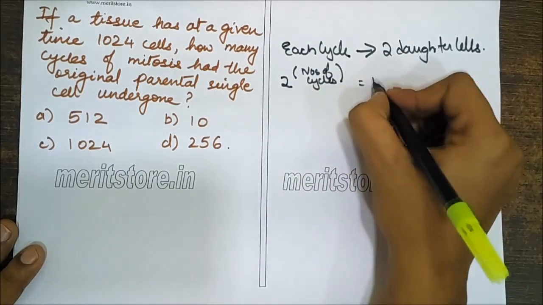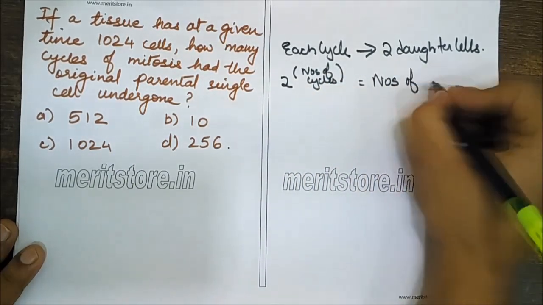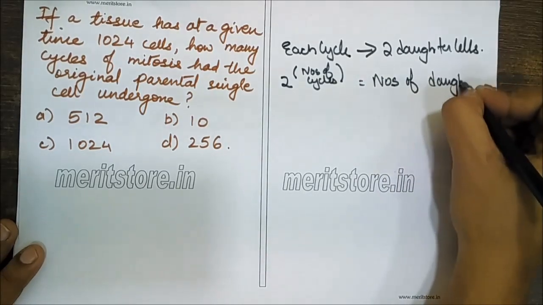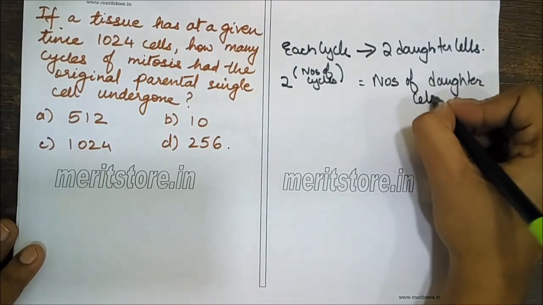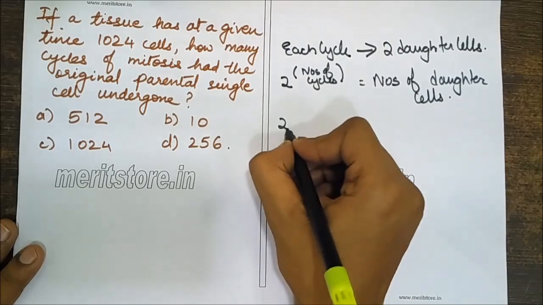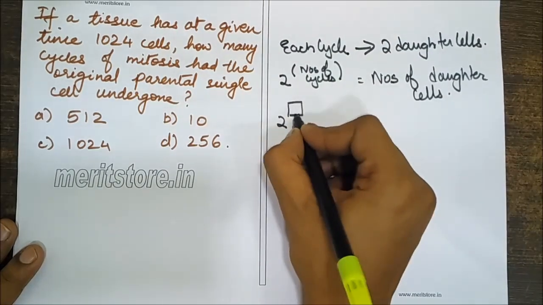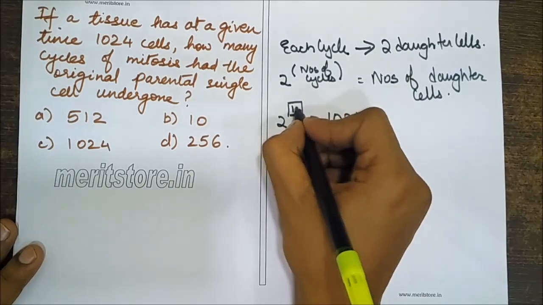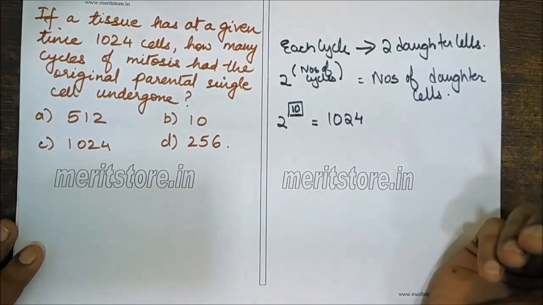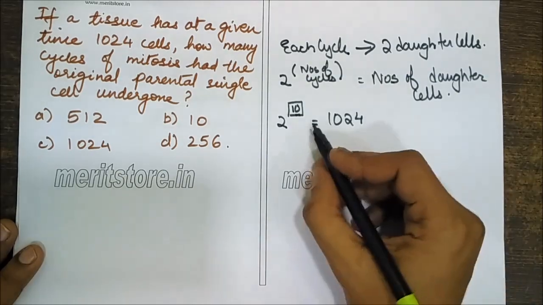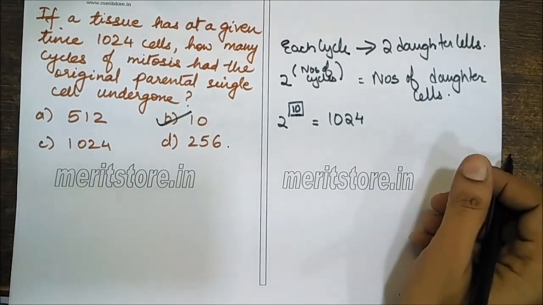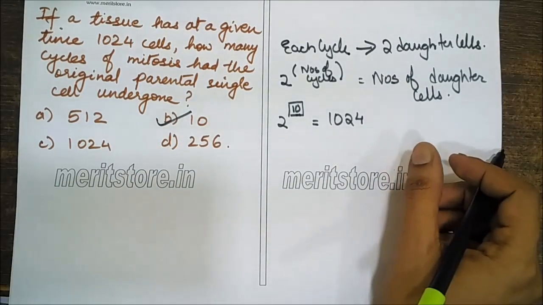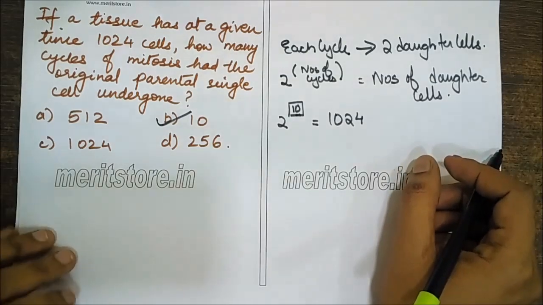This will give me the number of daughter cells produced. So 2 raised to what number will give me 1024? 2 raised to 10 gives me 1024. So it has to undergo 10 cycles in order to give 1024 daughter cells.